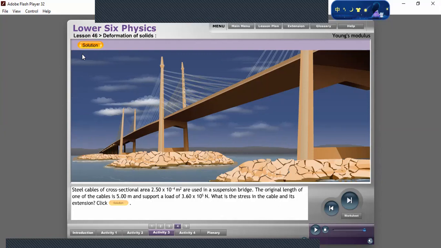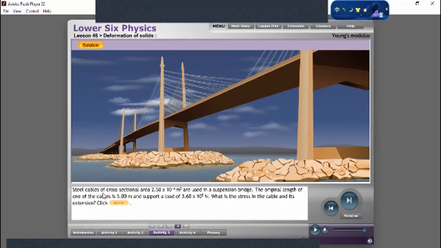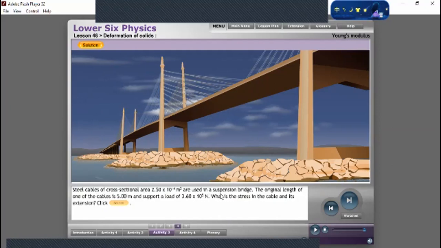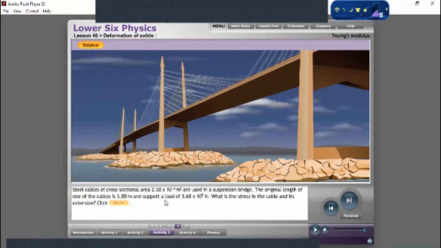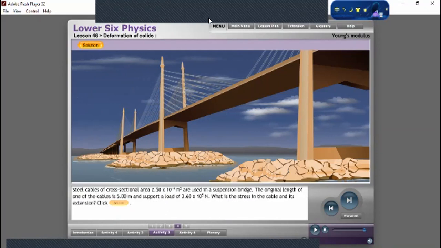Click solution. Okay, so a steel cable of cross-sectional area A is used in a suspension bridge. The original length is 5 meters and it supports a load of 3.6 times 10 to the power 5 newtons.